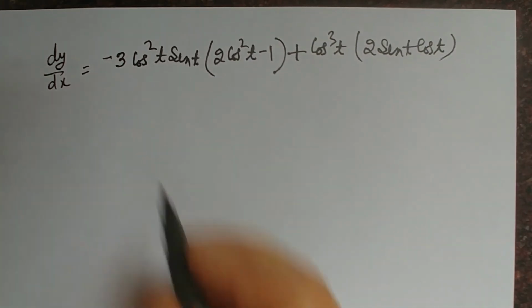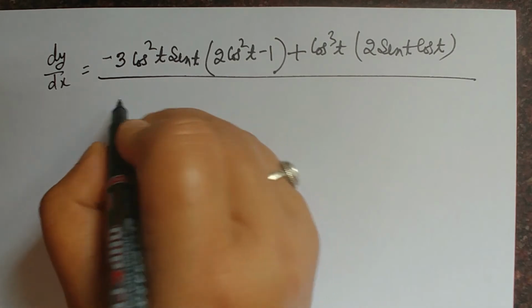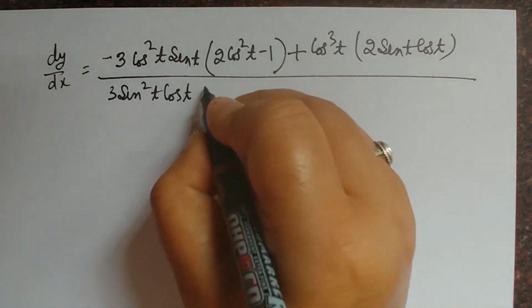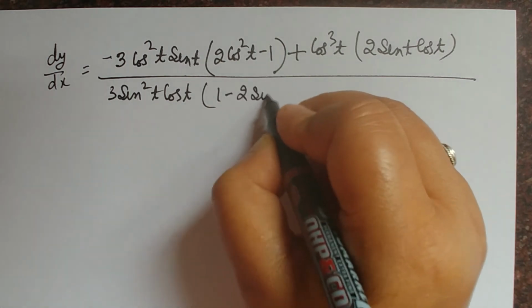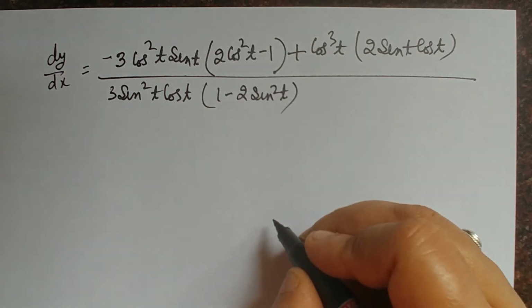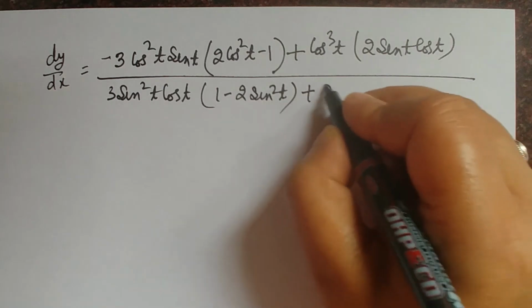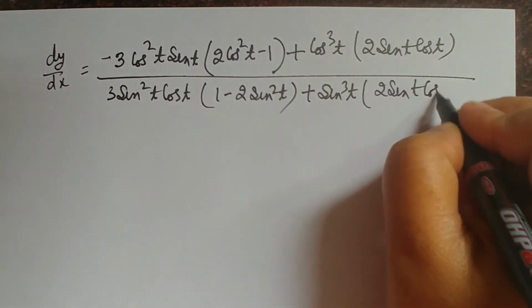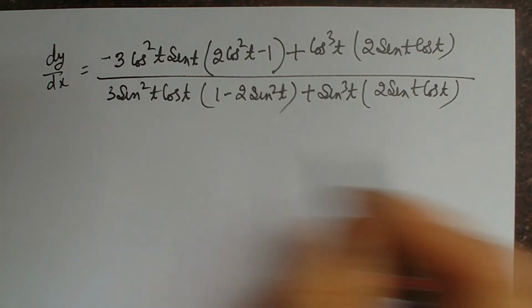And the denominator is 3 sine square t cos t, and cos 2t will be opened as 1 minus 2 sine square t, and it is sine cube t, and this is again 2 sine t cos t. Let us open everything.